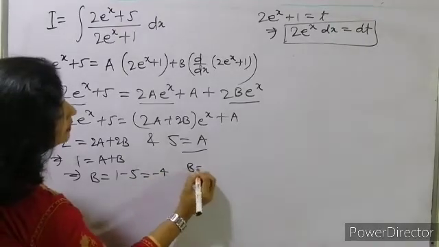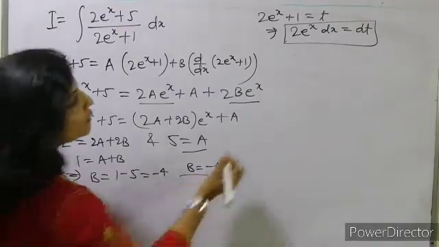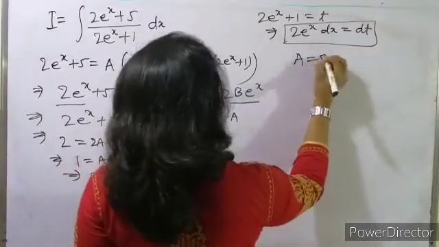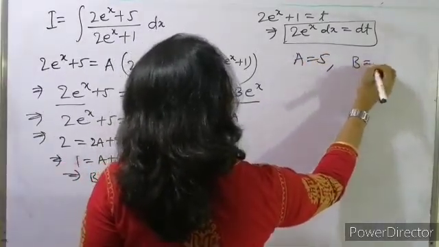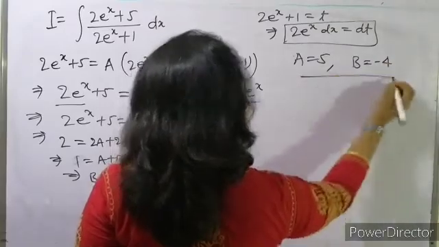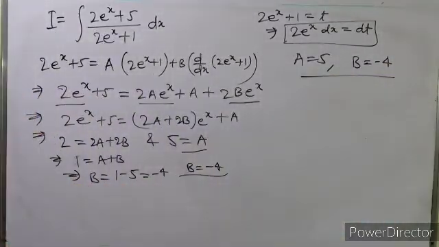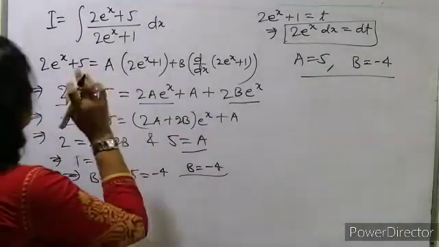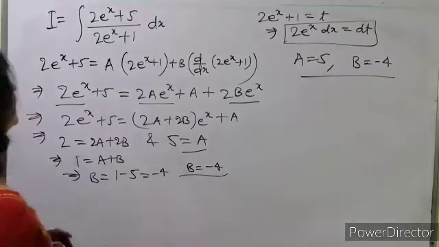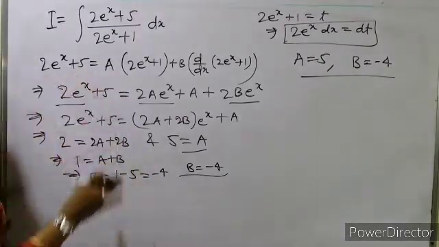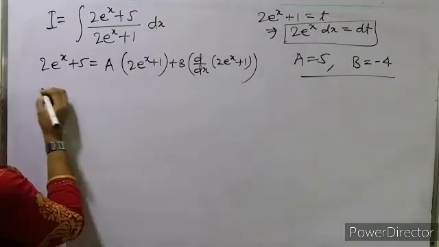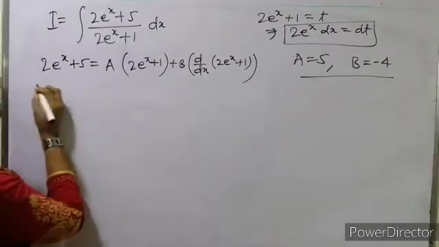So b का वैल्यू इज -4. तो a का वैल्यू इज 5 and b का वैल्यू इज -4. Okay, so based on this value, now a and b का वैल्यू हम पुट करेंगे इस इक्वेशन में, then we'll get the value for numerator को हम कैसे ब्रेक करेंगे. Okay, so what we'll do, we'll put the value of a and b in this equation.